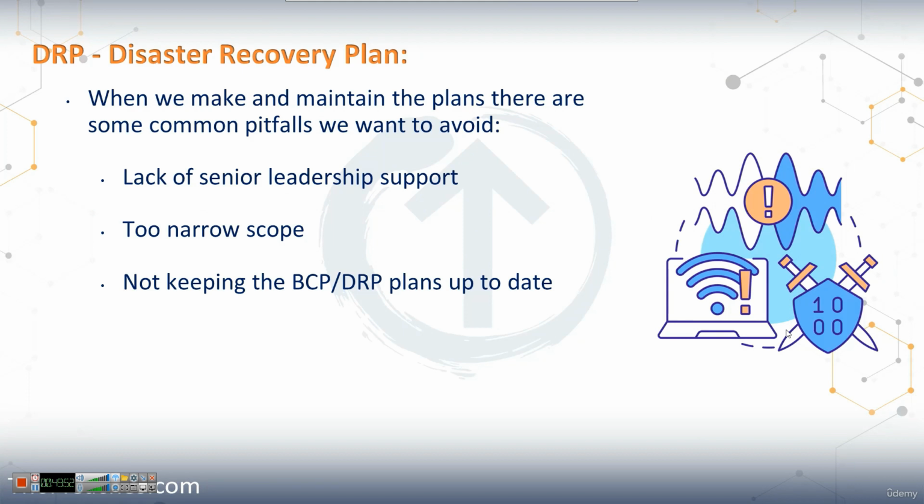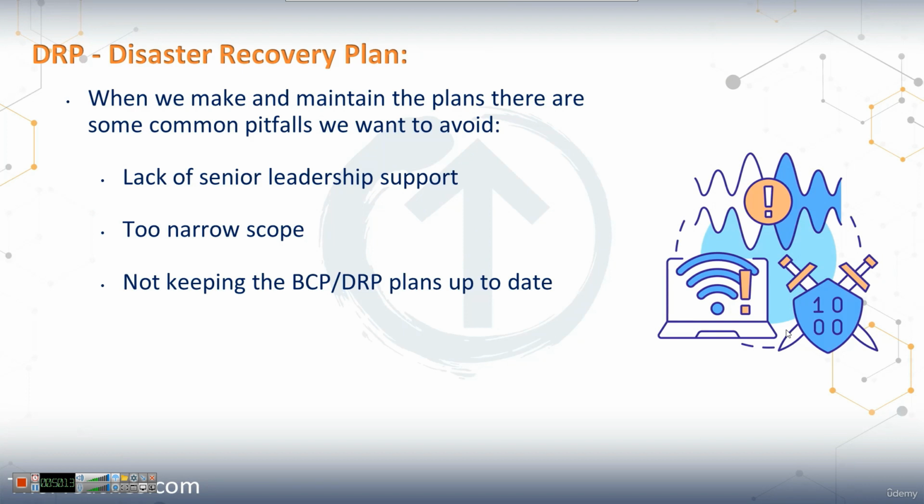Alright, next up, we have a too narrow scope. If our scope is too narrow, that means that we're only focusing on the things that we think are critical, and this again ties back to the senior management involvement, getting the right stakeholders. If we don't have the right stakeholders, we are probably not going to have the right scope. Because as an IT professional, I might think these systems are critical.